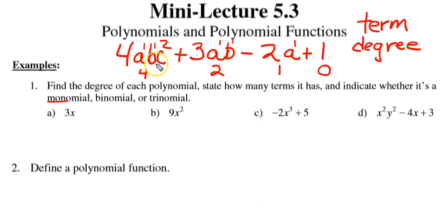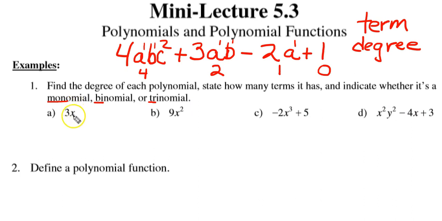If there are 2 terms, it's a binomial. 3 terms, it's a trinomial. But any of these are what we call a polynomial. And these are just smaller categories when they're listed this way. So for example 1, they want to find the degree of each term.